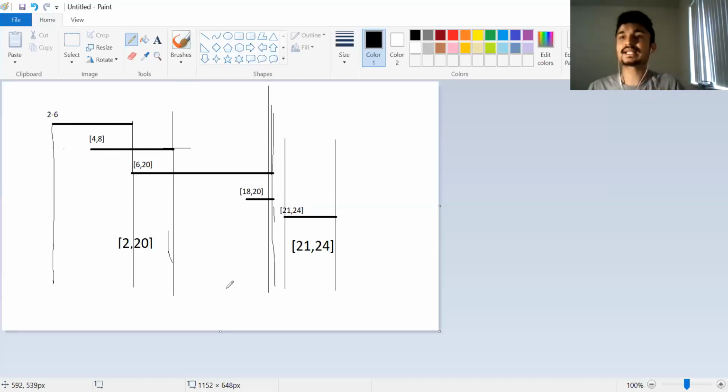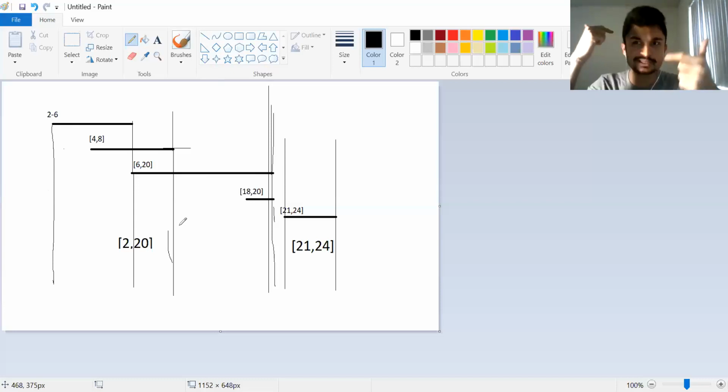So yes, they do overlap, and my current interval becomes 2 to 20. That's how I am thinking. I'm not talking about the code yet, but that's the idea.